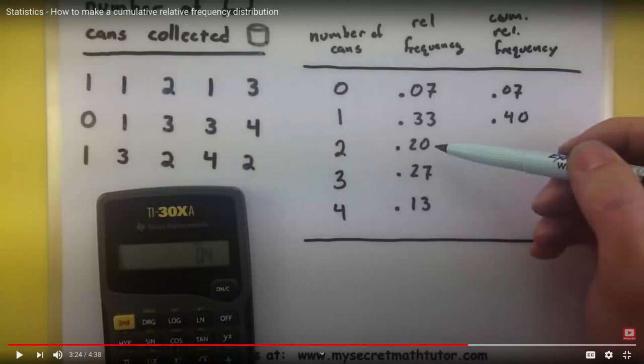Basically, the second one, you have 0.33, and then what you do is the cumulative relative frequency is you add the 0.33 to the 0.07, and that's how you get the 0.40. So who can tell me what the next cumulative relative frequency would be?